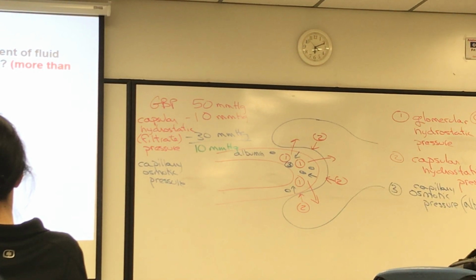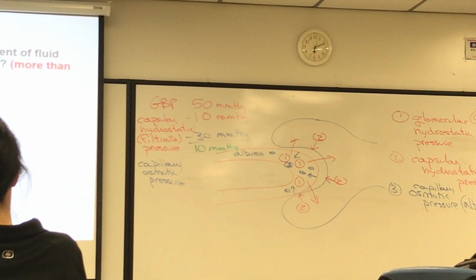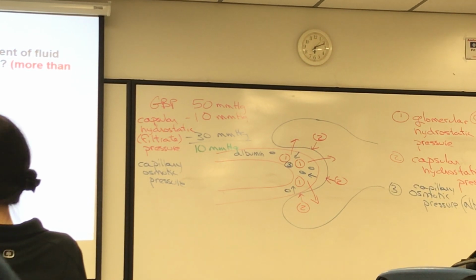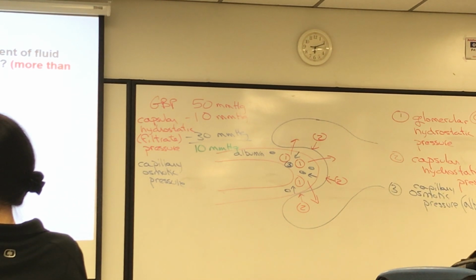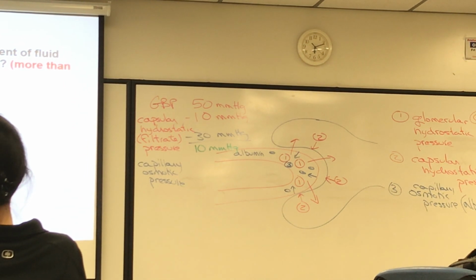No. To have capsular osmotic pressure, we would have to have a damaged basement membrane, because capsular osmotic pressure is due to protein. Proteins are too large to get through our filtration membrane. So if we have a damaged filtration membrane, then we can have capsular osmotic pressure, which is going to pull more fluid through. Okay? Because normally proteins are too large to get through the fenestra and through the filtration system.